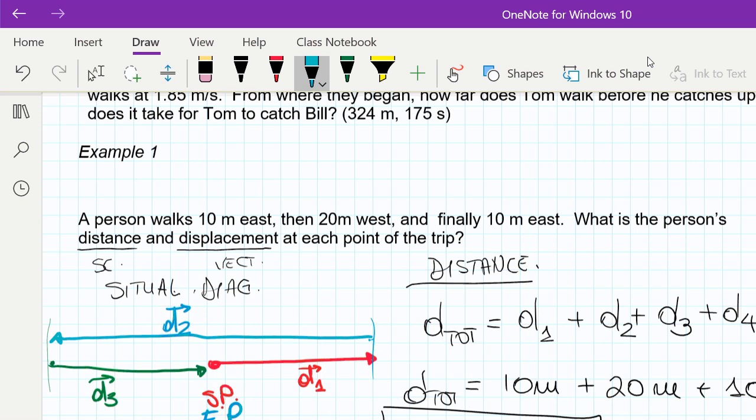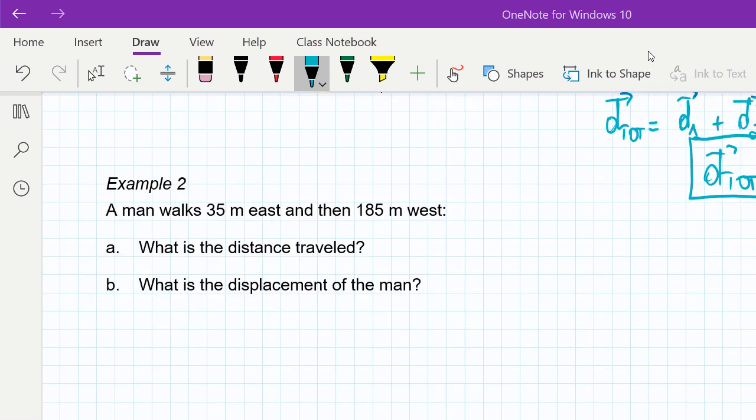The distance that you obtain may be huge, maybe 3 kilometers, 4 kilometers, 5 kilometers. But at the end of the day, you will go to your home. That means that your displacement, since the starting point and the end point are the same point, will be 0. Is it clear, guys?